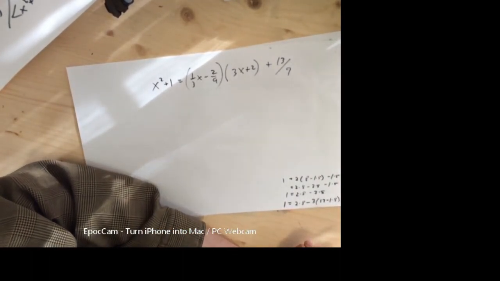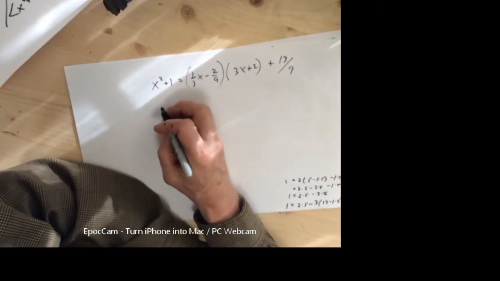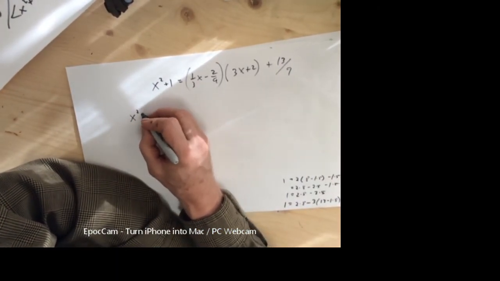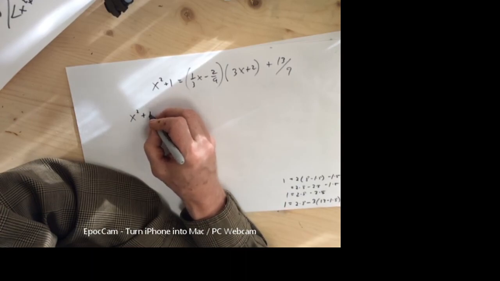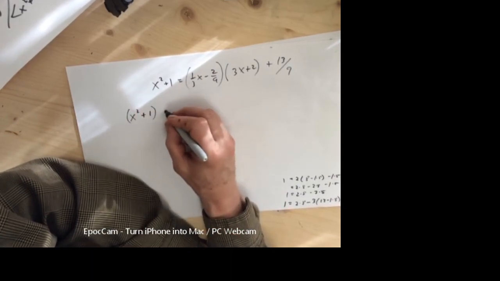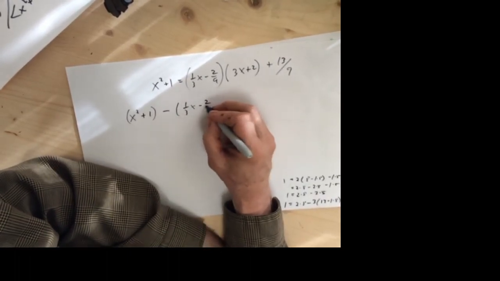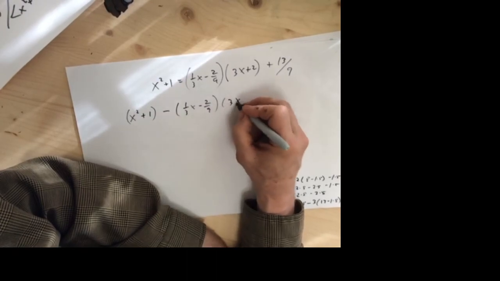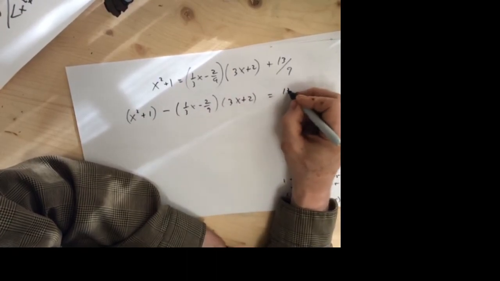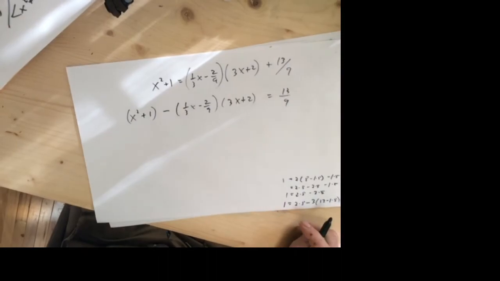What does this say? It says that x squared plus 1 minus 1/3 x minus 2/9 times 3x plus 2 is equal to 13/9.